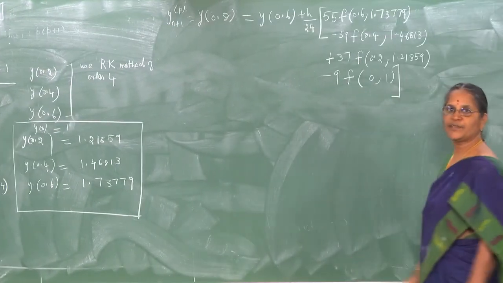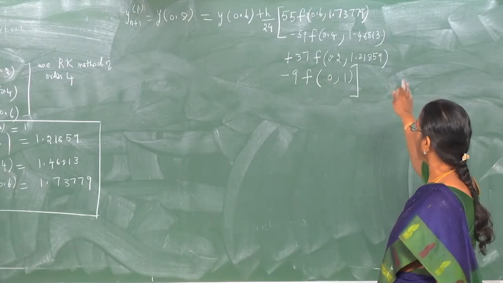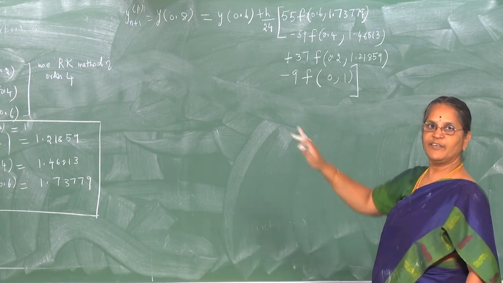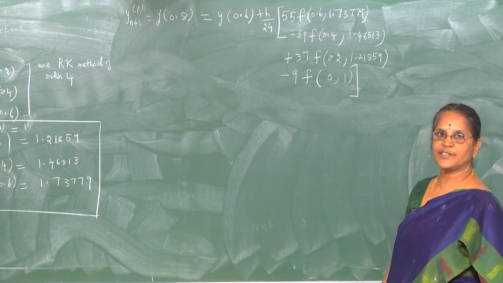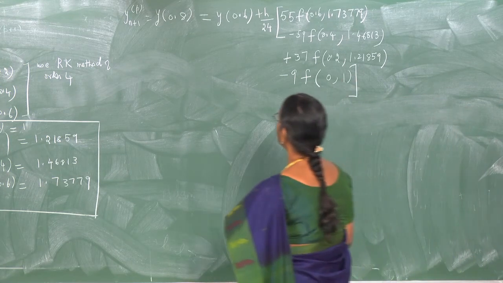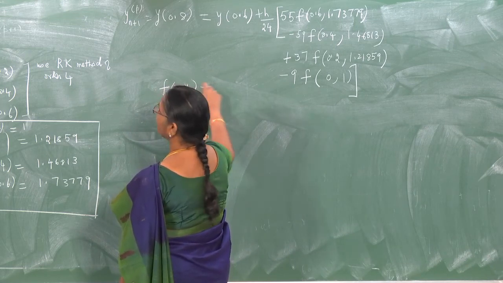So, it is always better to write down using the formula what is it that you want, and then evaluate these functions at these points and then simplify to get the answer. So, let us find out what is f of x comma y.